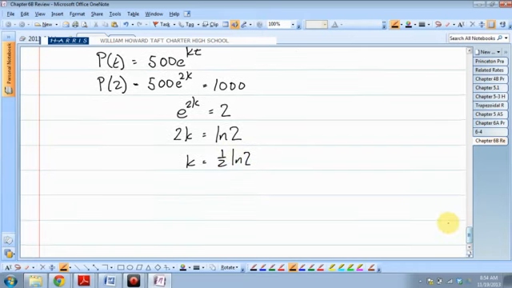We don't actually need an approximation for that. 1/2 log 2 is a number, so it's a little unnecessary to do that. We want to know how many bacteria there will be 5 hours from the initial time. So what is P(5)? That's going to be 500 e to the 5k.